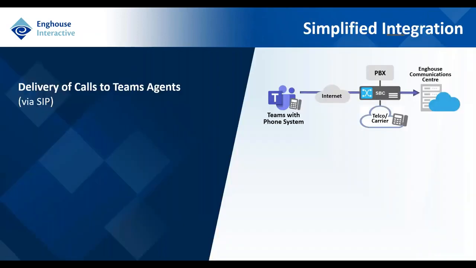As I mentioned earlier, this technology is available today in a SIP deployment and also natively using Microsoft APIs. Now, this simple diagram shows the SIP deployment that has been in market for a couple of years now. We here at Enghouse have hundreds of customers successfully enjoying this experience in market today.